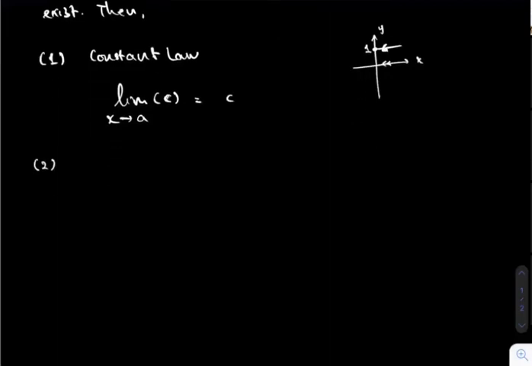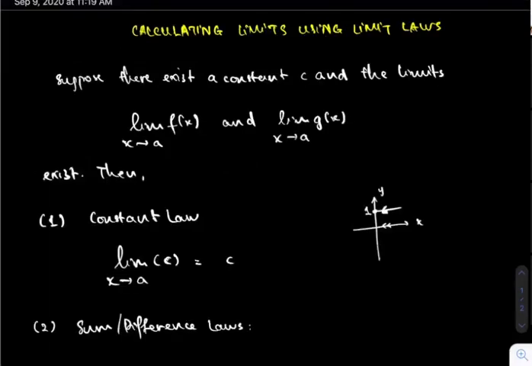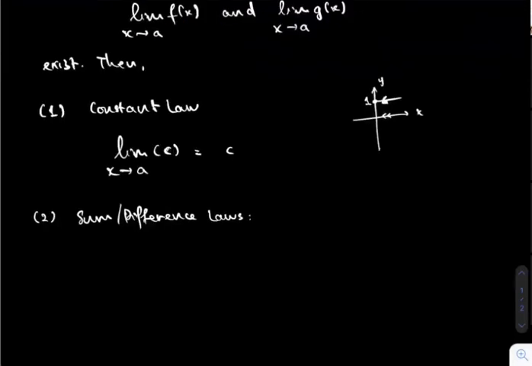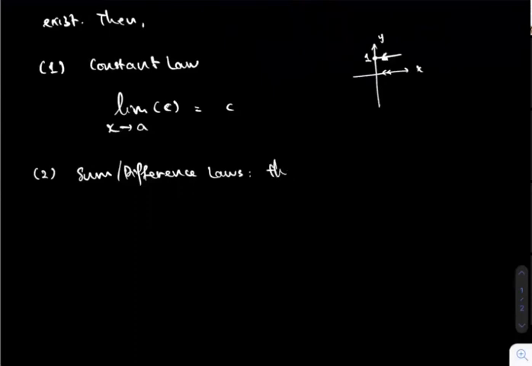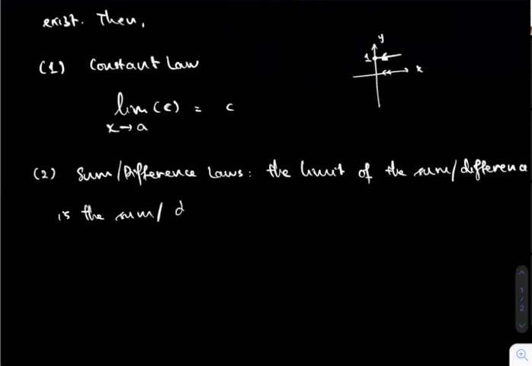Number 2, the sum and difference law. So the first law is the constant law. The second law is the sum and difference law. For this law, we say that the limit of the sum or difference is the sum or difference of limits.